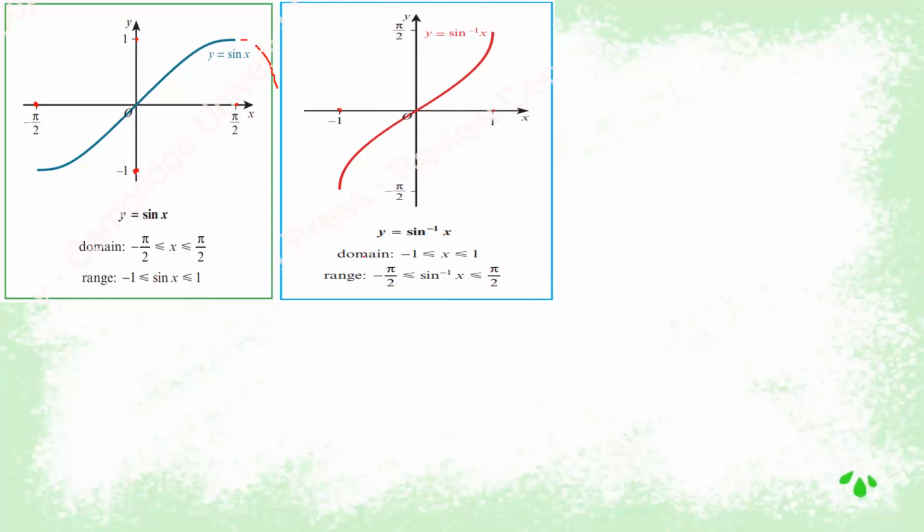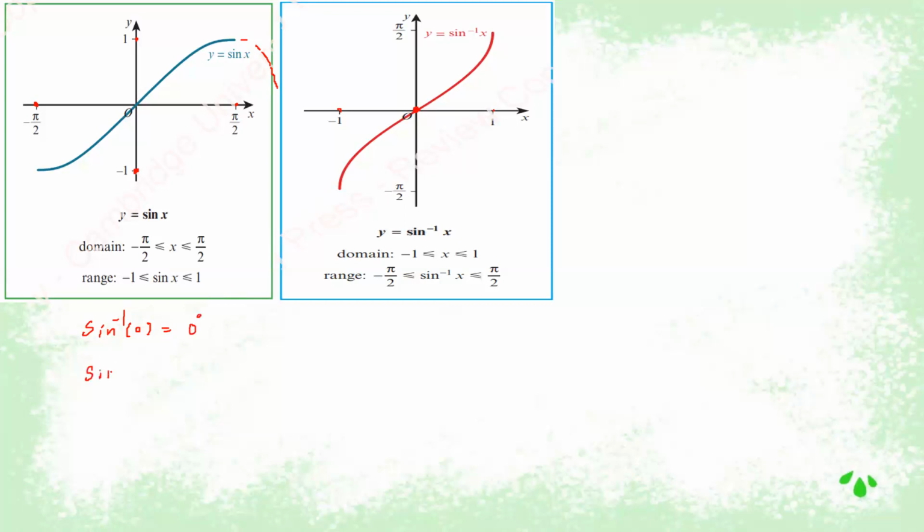So let's have a look at a few values of the inverse function, and how you can figure them out. For example, what is the answer of sine inverse 0? If you check directly from the inverse function curve, sine inverse 0 is exactly 0 degrees.